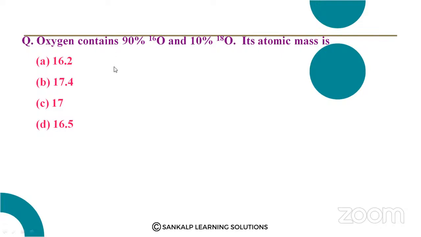So average atomic mass is given as, of oxygen 16, 16 into 90%, which is nothing but 0.9. Okay, plus the second abundance, oxygen 18.